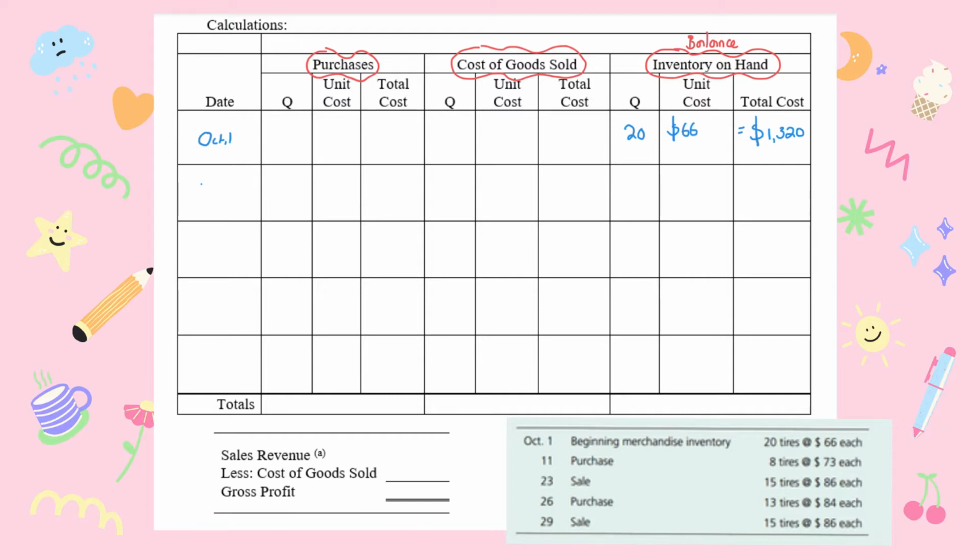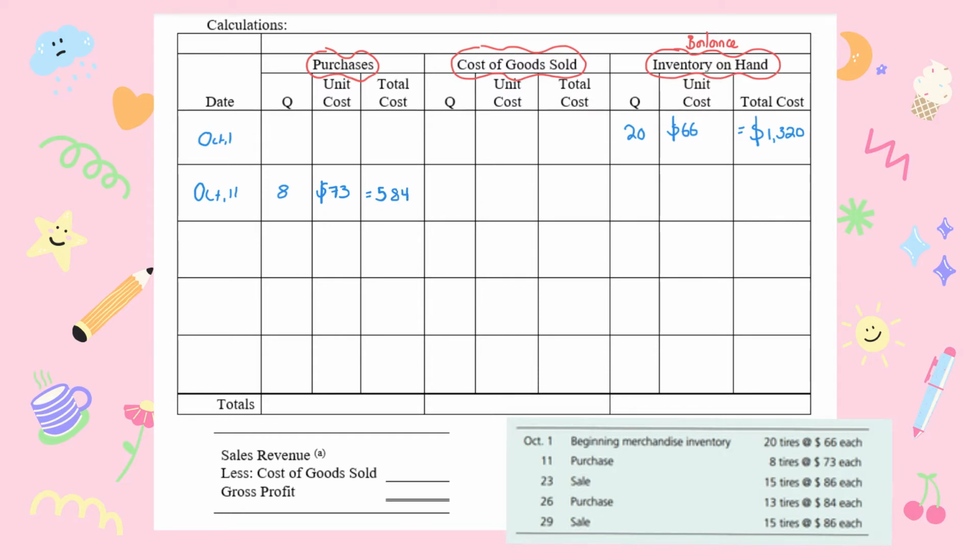On October 11, purchase 8 units at 73 each. So under purchases, I'm gonna write 8 times 73 each equals 584. Now what's my balance?